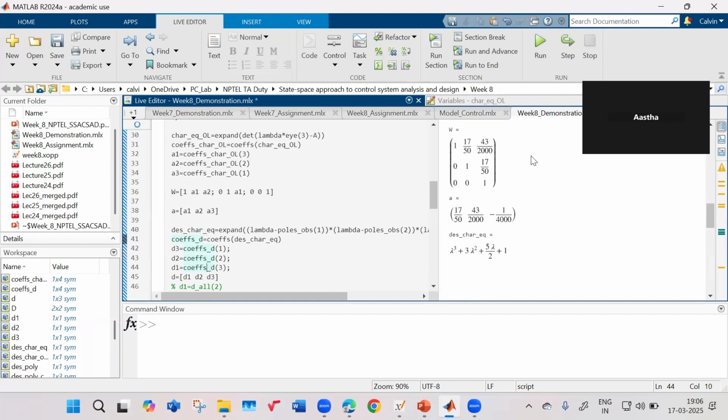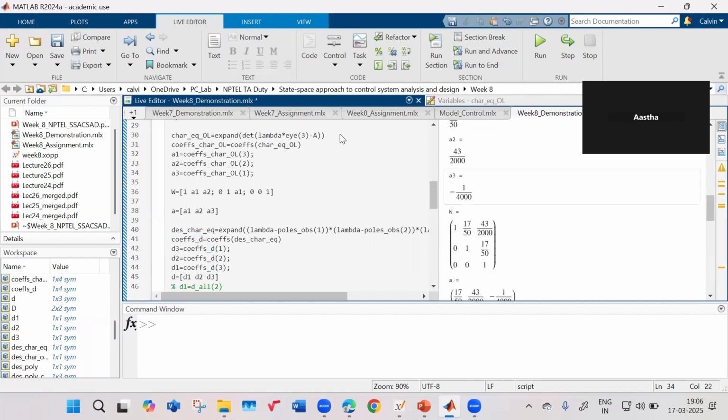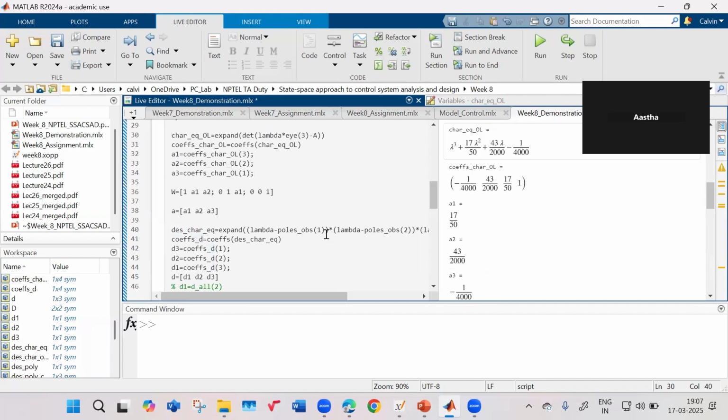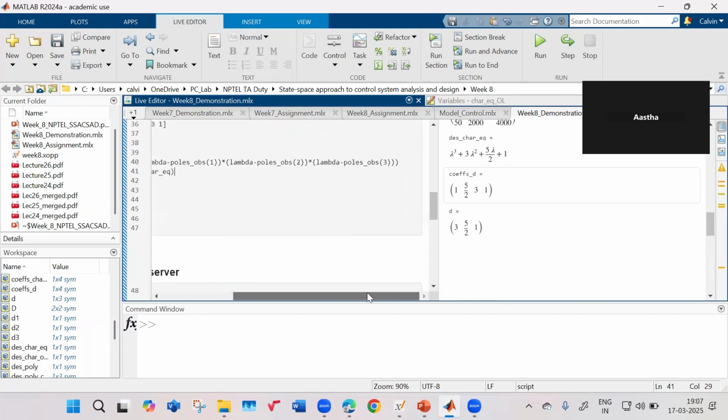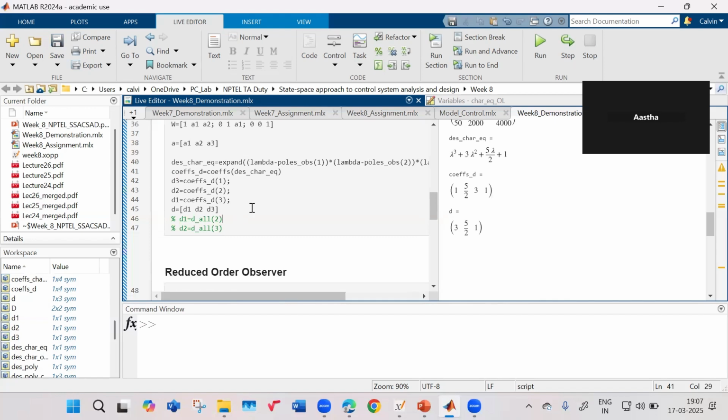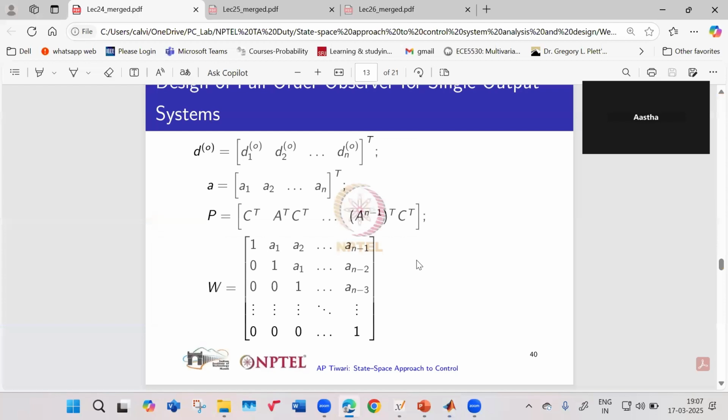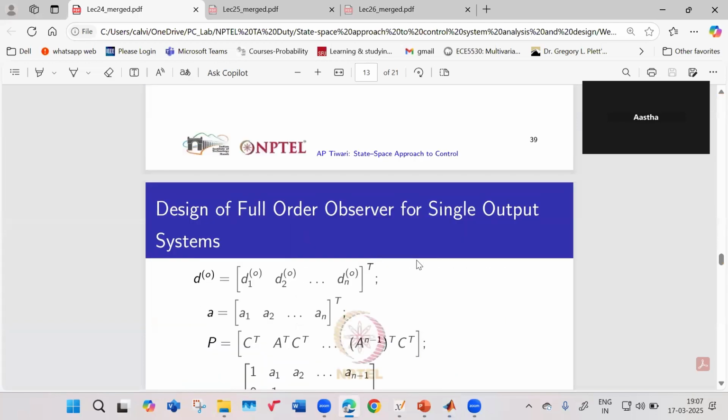And this is our D matrix. Okay, let me mark this because we don't want them to show as output. So now we got D and A. So now what is desired of us is we have to do the steps.